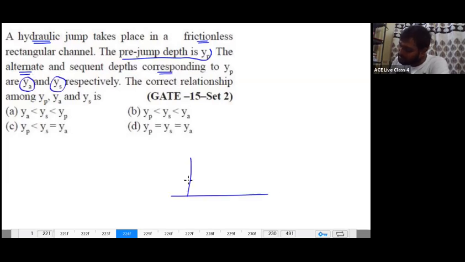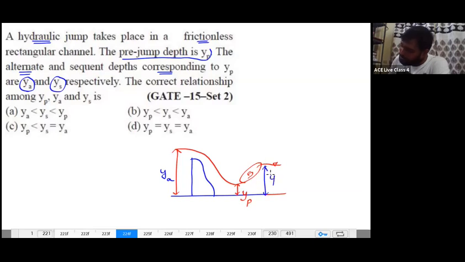The simple picture is there is a hydraulic jump, and whatever this depth is, they are mentioning it as the pre-jump depth YP. For this jump, the alternate depth is YA and the sequent depth is YS. Yes or no? YP and YS are sequent depths because of the same specific force. But YA and YP, I am mentioning frictionless.